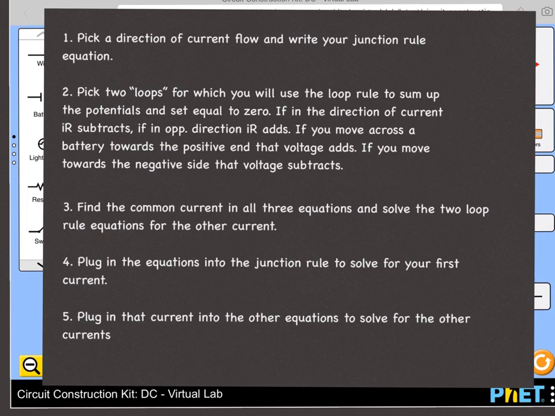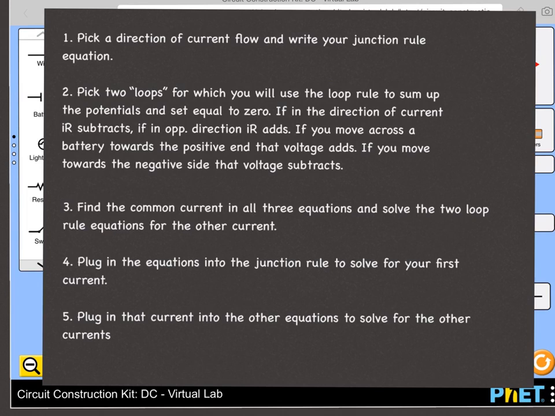And once you get all 3 of those equations written down, you find what the common element is and solve for the other one. Right, so in our problem, I4 was in every equation, but we solved for the I2 and I3. Once you solve each of the other 2 equations for the other 2 currents, you'll plug those into the junction rule and solve for that first current.